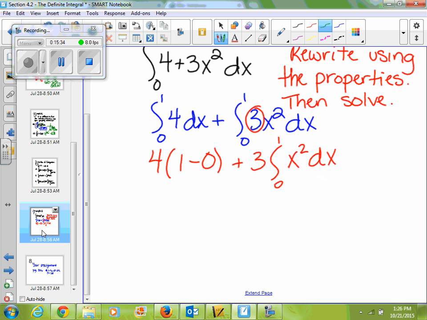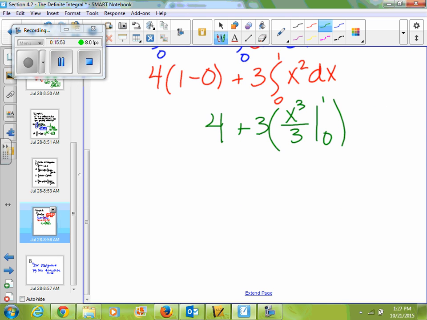If I integrate this, I get x cubed over 3, and I'm evaluating it from 0 to 1. I still have the 3 out front, that constant. And if I finish evaluating 4 times 1 minus 0, that just gives me 4. If I plug in 1, I get 1 cubed divided by 3.